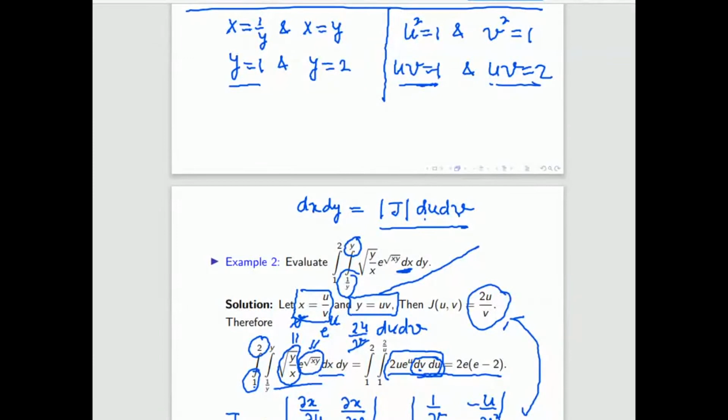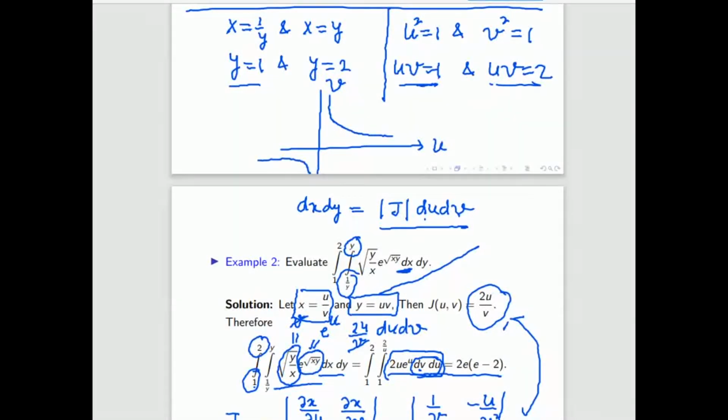So okay, let me draw this picture first. So what will uv equal to 1 represent in uv plane? Suppose this is u axis, this is v axis, then uv equal to 1 means what? Rectangular hyperbola. Yeah, so it is a hyperbola. So I'm just drawing the hyperbola something like this, and it will go in the third quadrant also.